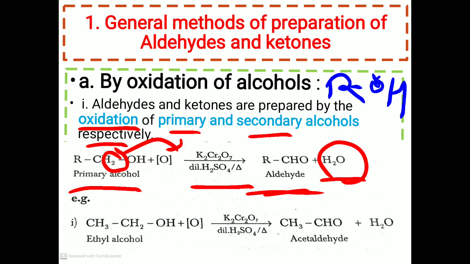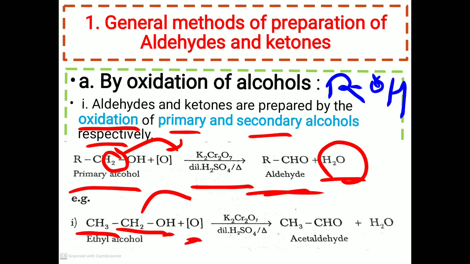Now let us study one example. The first is CH3CH2OH, as there are two carbon atoms. This is ethyl alcohol. When it undergoes oxidation in the presence of the oxidizing agent K2Cr2O7 and dilute H2SO4, when it is heated, it undergoes oxidation, that is removal of hydrogen.